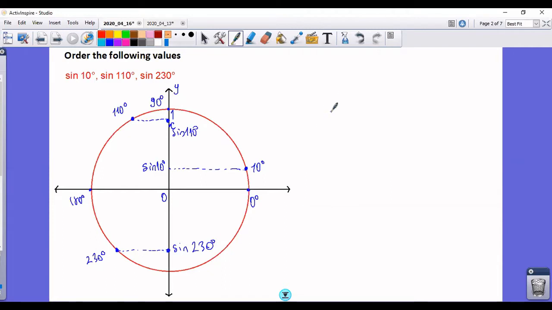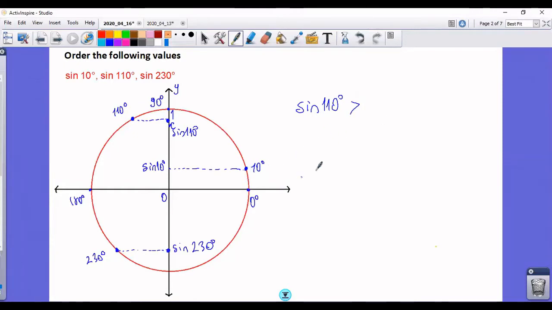Do you have a question? Okay, so let's order them. Which one is the greatest? This is our vertical number line, the y-axis. So sine of 110 degrees is the greatest one, right?